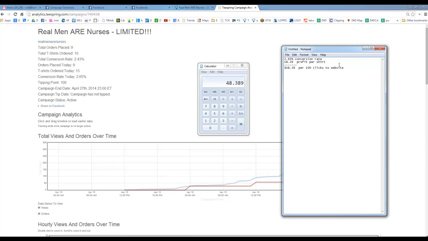So we can do some backwards math here. If for every 100 clicks we're making $48.39, let's divide that by 100.